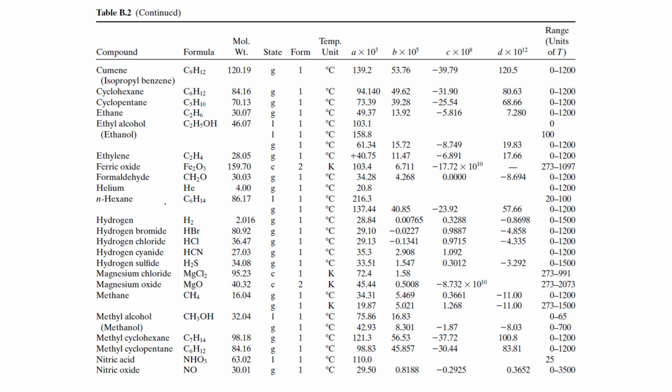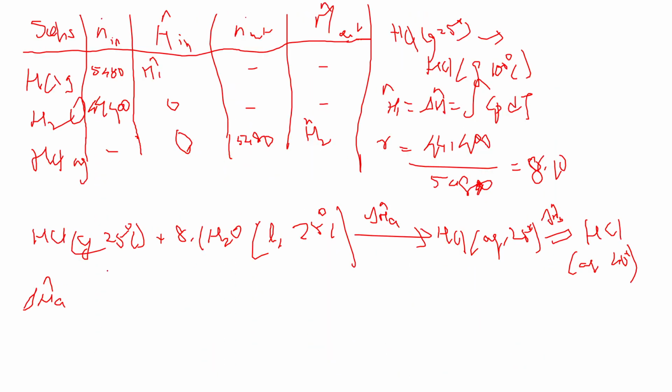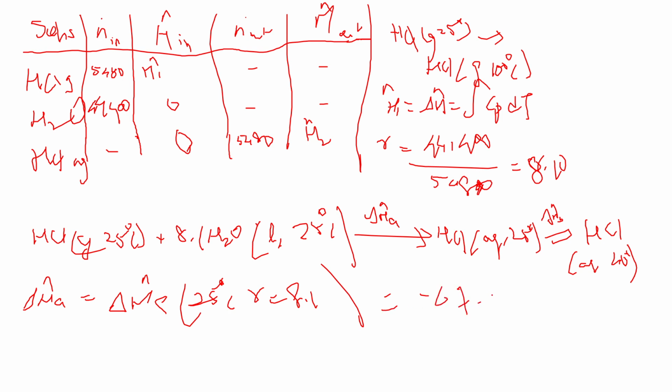Yeah, so from this table, when the ratio is 8.1, the value will be somewhere around here. So the value that is calculated is delta H for 25 degrees Celsius and for an R of 8.1 will be minus 67.4 kilojoule per mole of HCl.